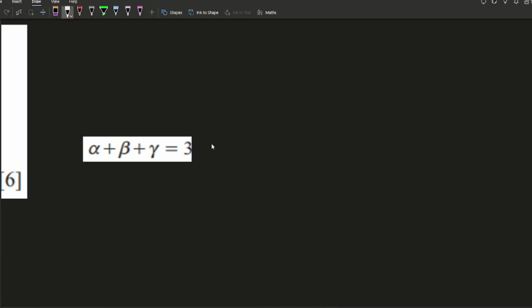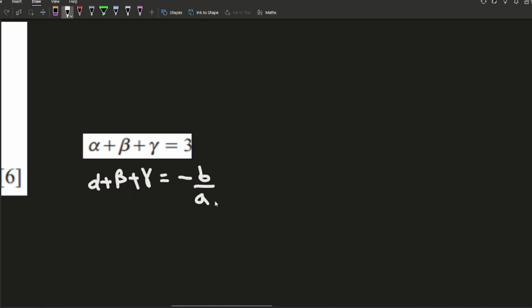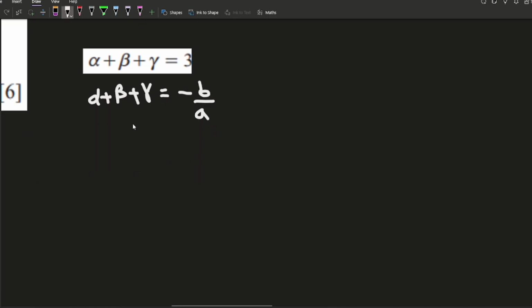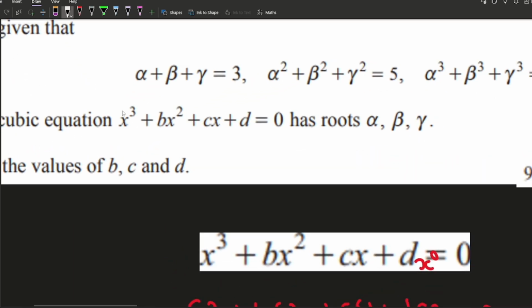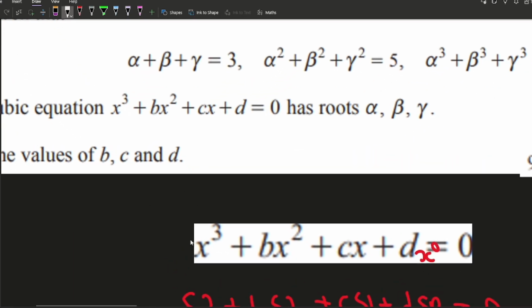This is equals to 3, right? We also know that alpha plus beta plus gamma is also equals to minus b over a, right? So since the value of a is 1, we are given the coefficient of x squared. Since there is nothing next to it, it's 1, right?